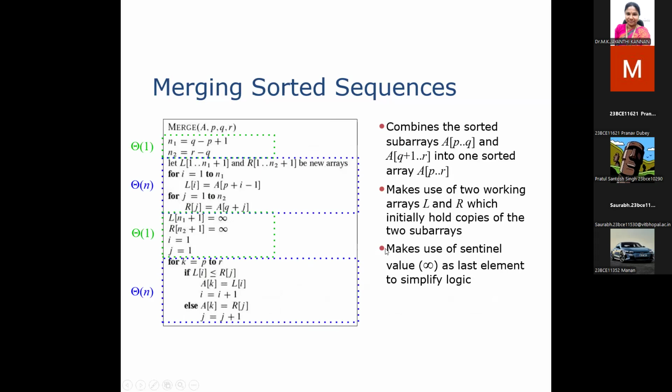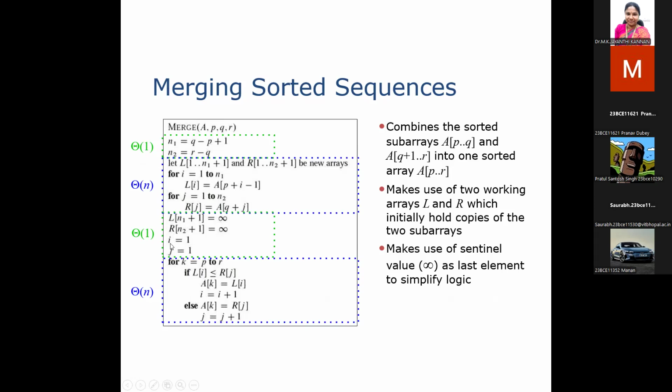And here, if you analyze the runtime complexity, assignment is order of one. For loops are repeated n times, order of n. Again, the assignment statements take order of one, and every for loop, depending upon the number of elements, takes order of n.